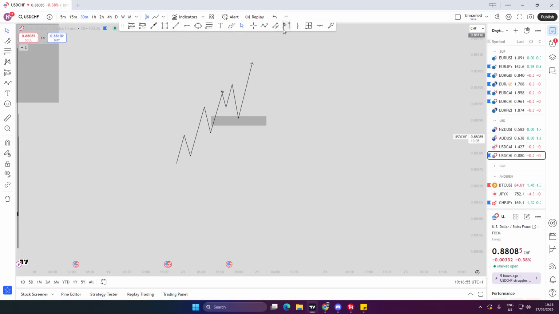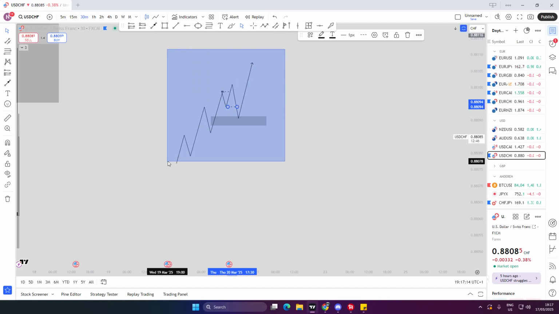So if you don't know what it is, look it up on YouTube, but it's basically that the high gets cleared from the liquidity. So they cleared out the liquidity to go up. Then it cleared the liquidity from the sell side, and then you go up. That's basically what it is.